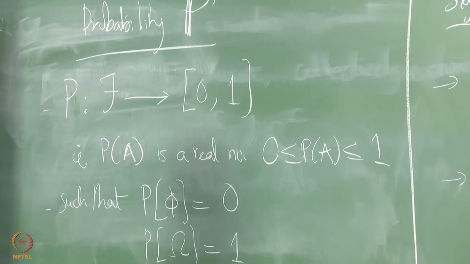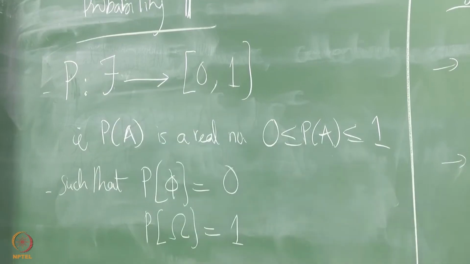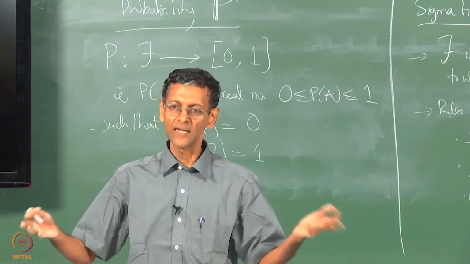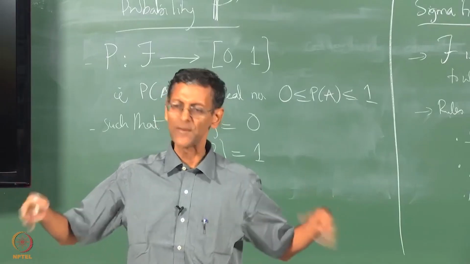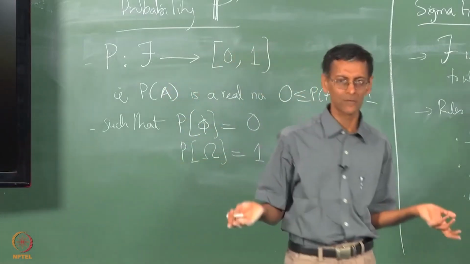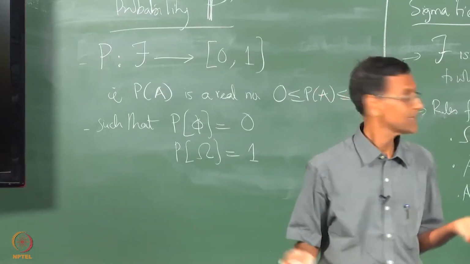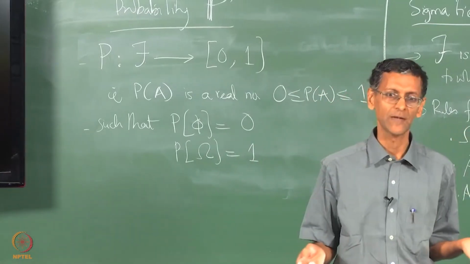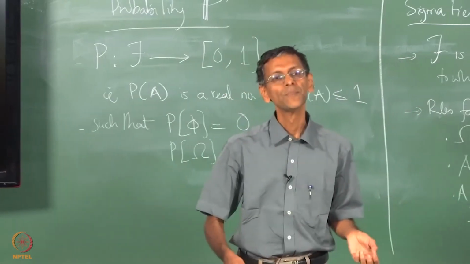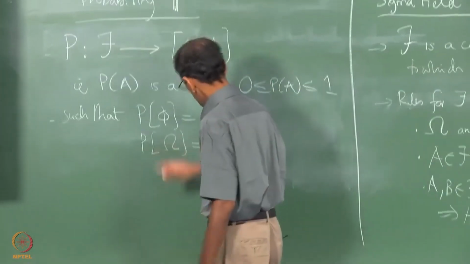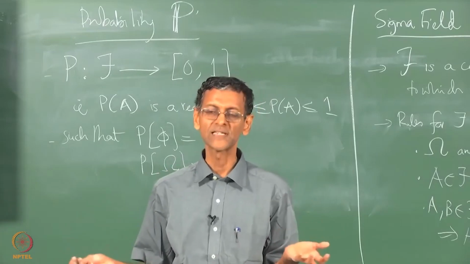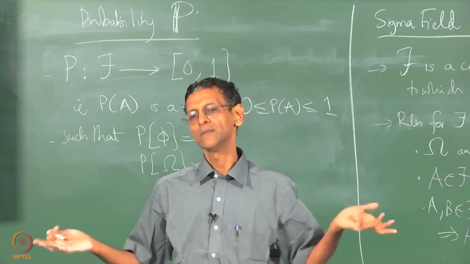Now, since we want probabilities to reflect some useful measurable quantity in the real world, or approximately be an estimate of some probability of some number in the real world, an impossible event will never occur. Phi, as I said, in probability is the null event or the impossible event. So, that always has to have 0 probability. Now, why are we giving the set omega, the universal set, by convention unit probability?